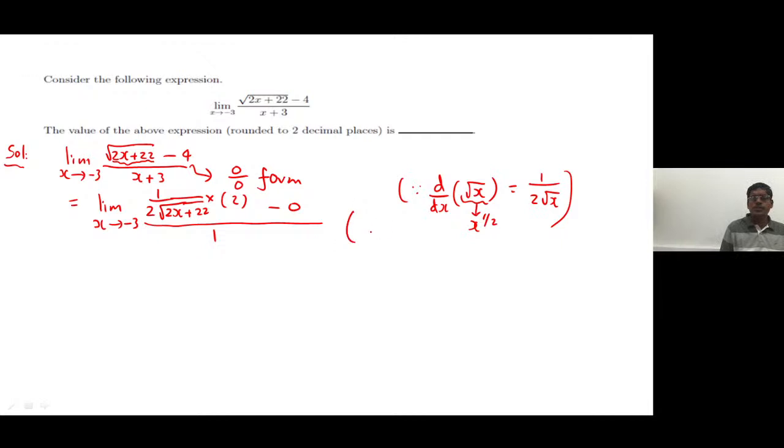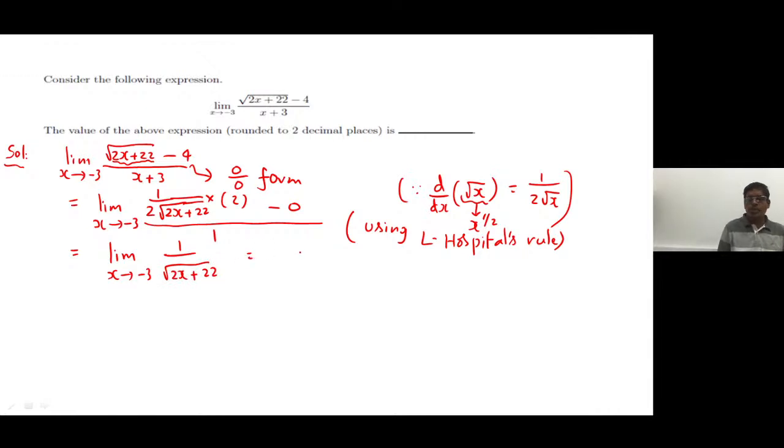So, using L'Hospital's rule, this is equal to limit x tends to minus 3, the 2 cancels, 1 upon square root of (2x plus 22). With direct substitution, put x equal to minus 3, it simplifies to 1 by root 16, that is 1 by 4, that is 0.25.